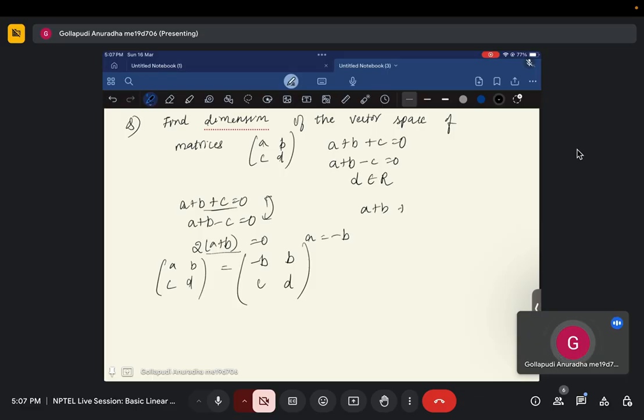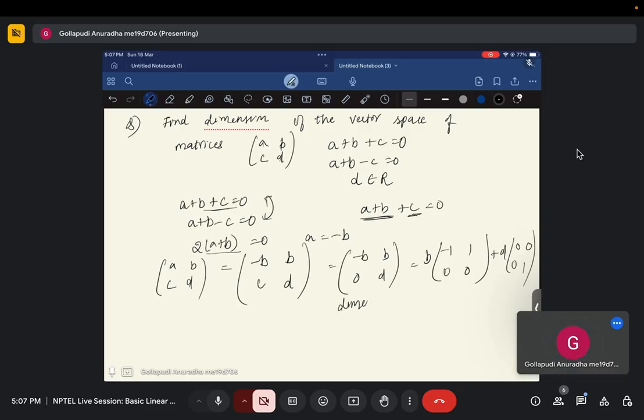So it is B times minus 1, 1, 0, 0, plus D times 0, 0, 0, 1. So the dimension is 2, and the bases are these.